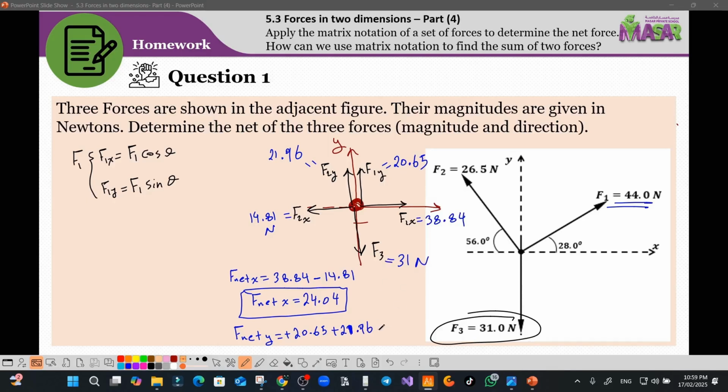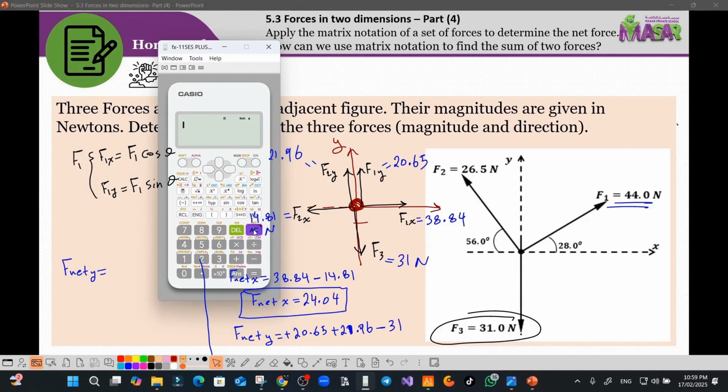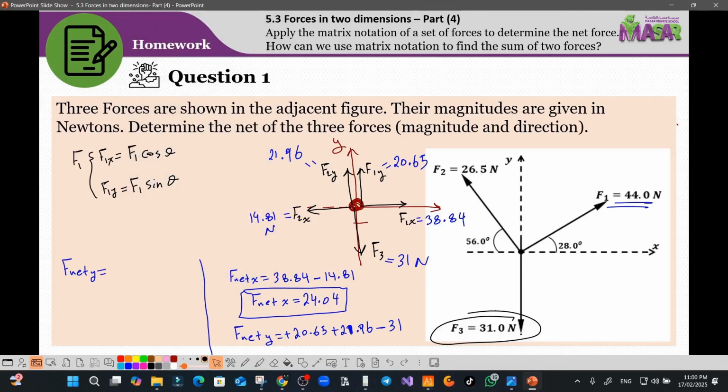And one downward, which is minus 31 because down is minus. Now we will complete that the Fnet y is equal to... Let's add everything together using the calculator. Minus 31. And the answer is 11.61. Let me double check: 20.65, 21.96 minus 31. So the answer is 11.61.